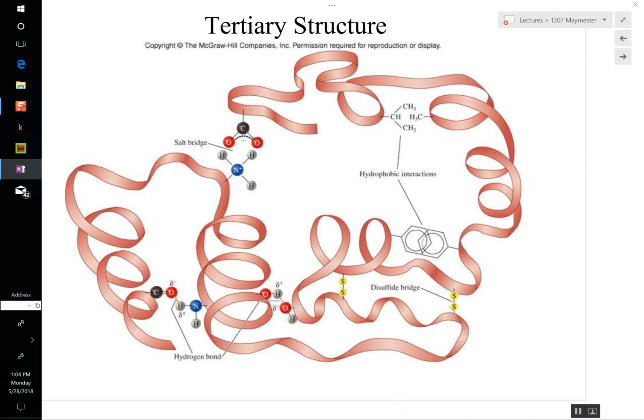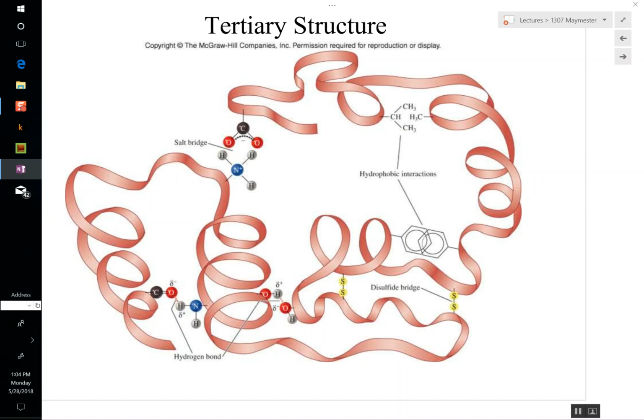And then finally, the strongest one is right here, and it's the disulfide bridge. This is specifically cysteines. They're the only ones that end with the SH.